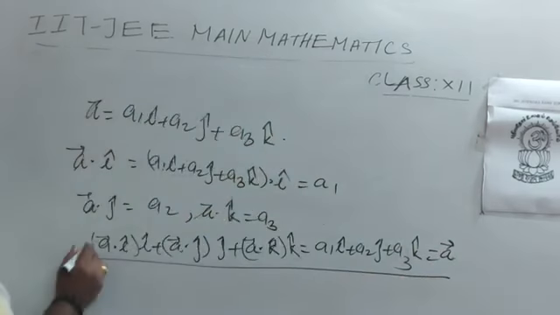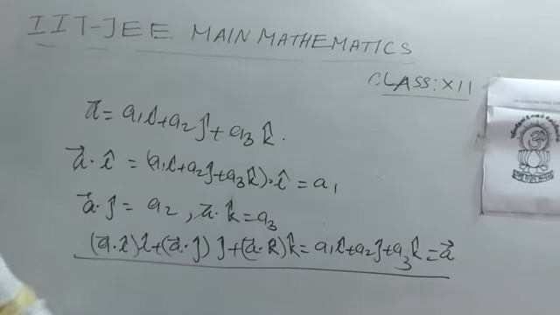That is very important: A dot i into i plus A dot j into j plus A dot k into k equals A vector.